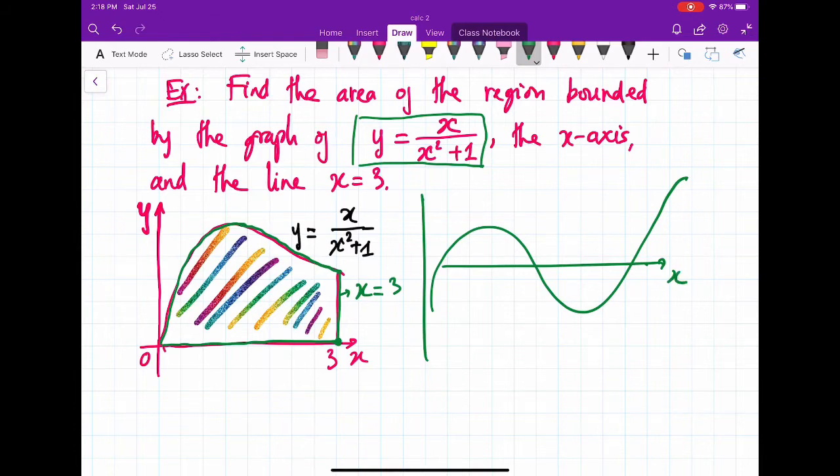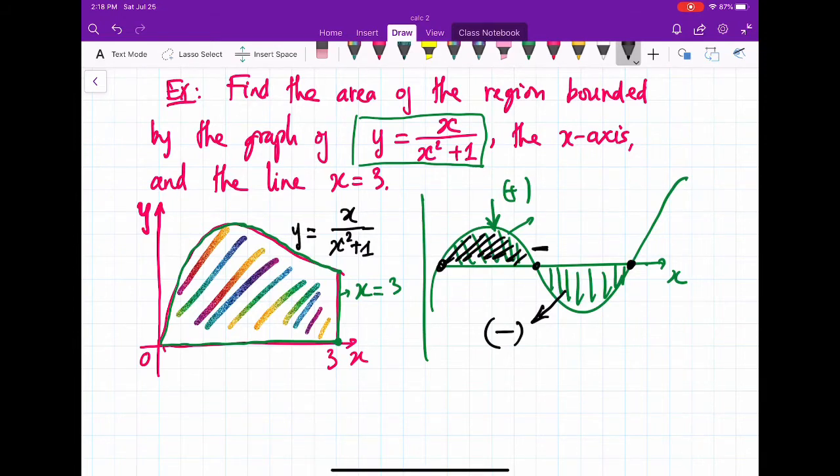And for such graph, you need to find the area of two regions in here. The area of this region is positive area. But the area of this one is negative because the graph is under the x-axis. Does that make sense? So you have to find two different areas in here and then take the difference.